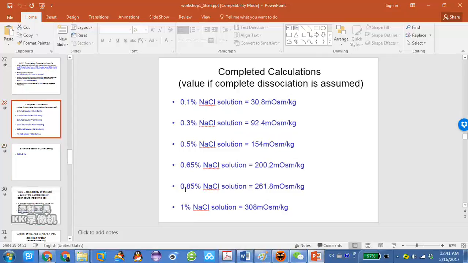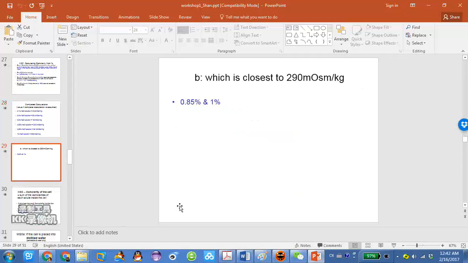I don't know why they don't have a 0.9% NaCl solution, but if they had it, 0.9% should definitely be the closest, closer than either of these two. Okay, so that is question number 7.